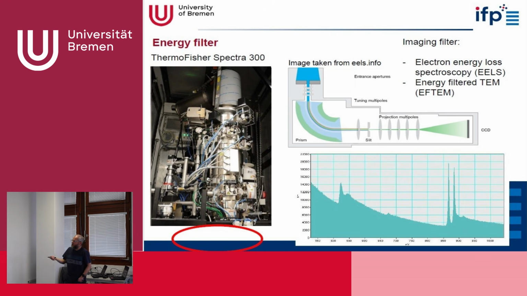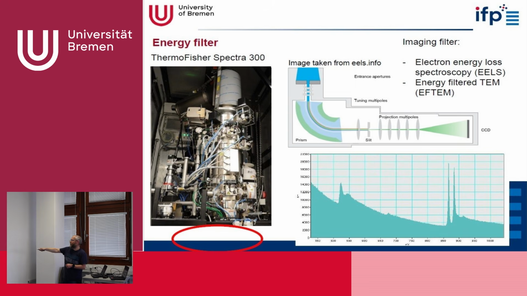Such a spectrum is called an electron energy loss spectrum, and this looks like such a typical example. We see here, for example, different edges in this spectrum. Here, this is the oxygen K edge, and here at around 870 electron volt, we have the cerium L edge.